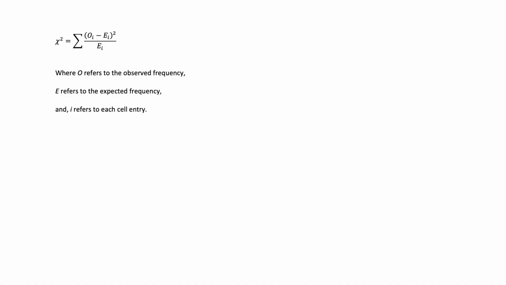All right, let's take a look at how we calculate chi-squared to gain an understanding of what the measure is trying to tell us. At its essence, chi-squared is a measure of the difference between what we observe in our crosstab versus what we would expect to see if the null hypothesis were true. Looking at the formula, O refers to the observed frequency, E refers to the expected frequency if the null hypothesis were true, and i refers to each individual cell entry.